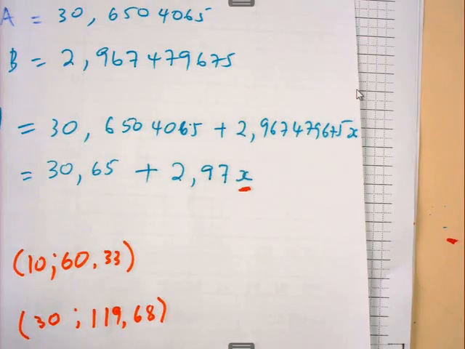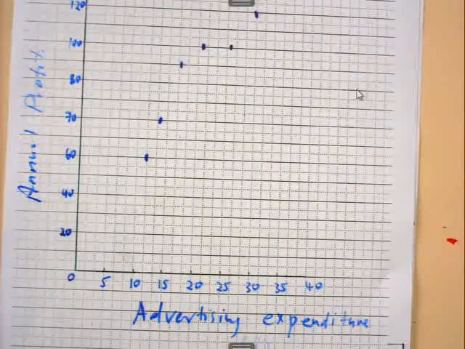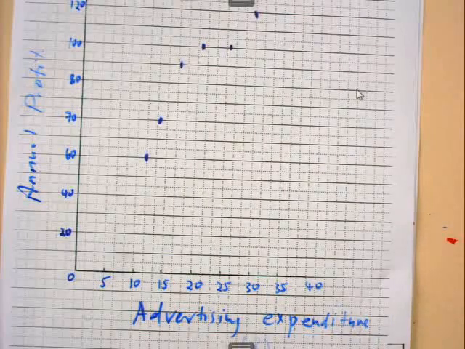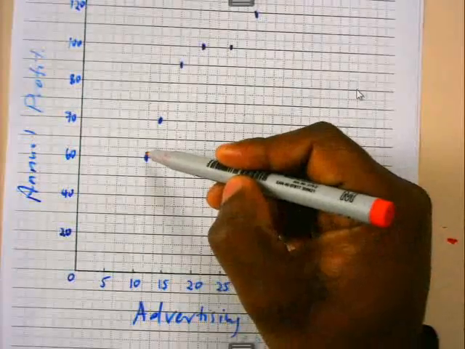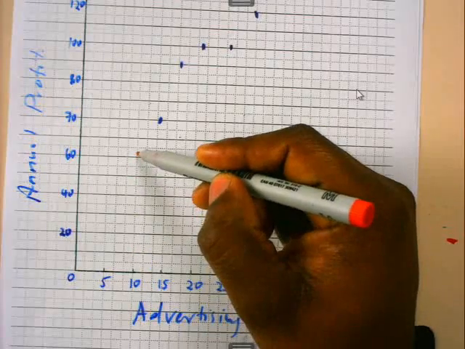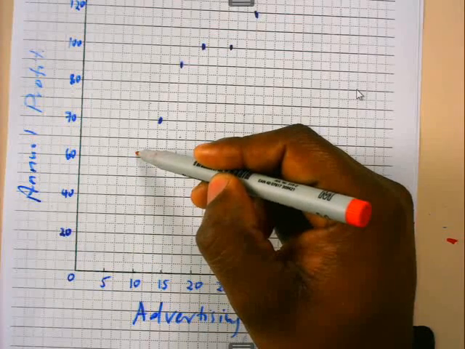Now when we draw the line, we are using those 2 points. I'm trying to get my ruler here. And then 10 gives me 60.33, here is 60.33, there it is.